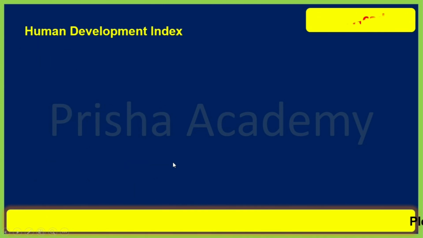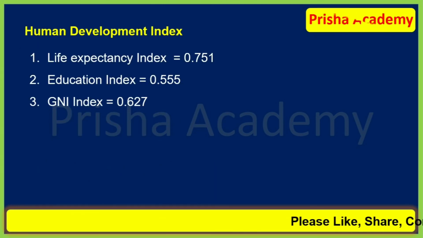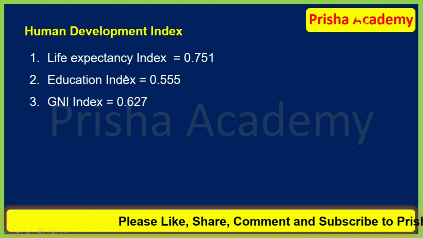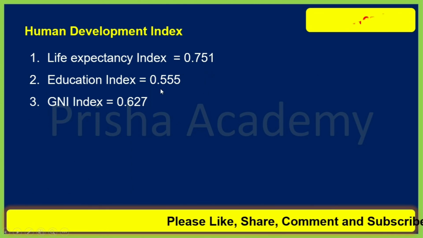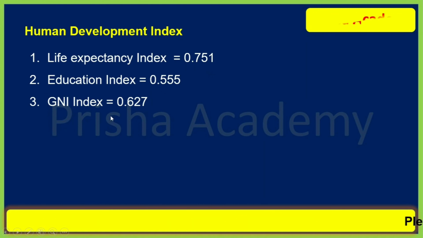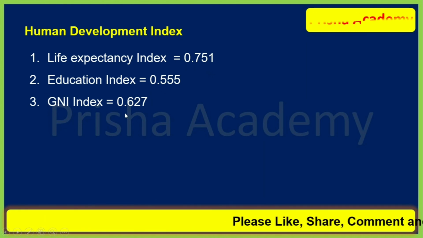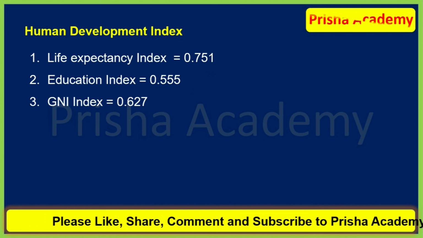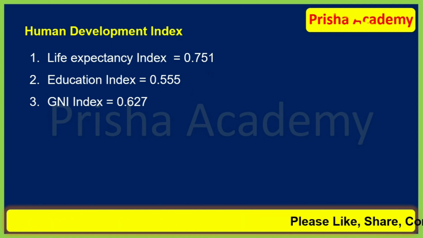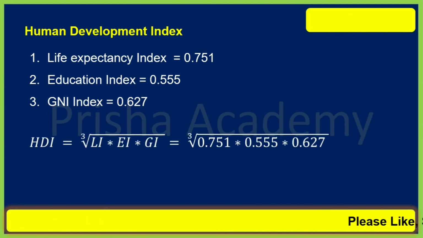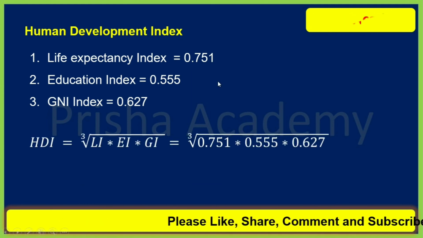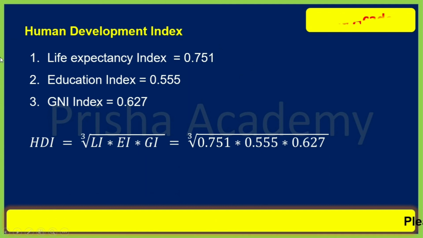Now we have received our three indexes. Life expectancy index was 0.751, education index is 0.555, and GNI index is 0.627. Now after arriving at these three figures, we have to find our HDI. HDI is nothing but the geometric mean of these three dimensions.